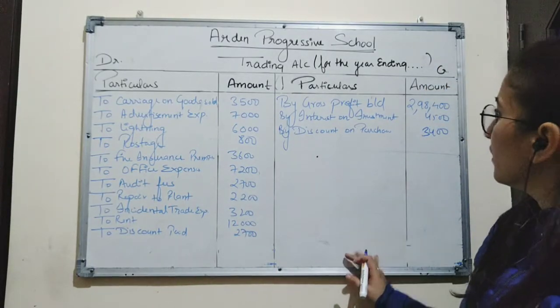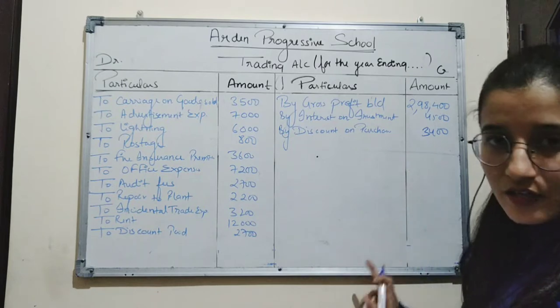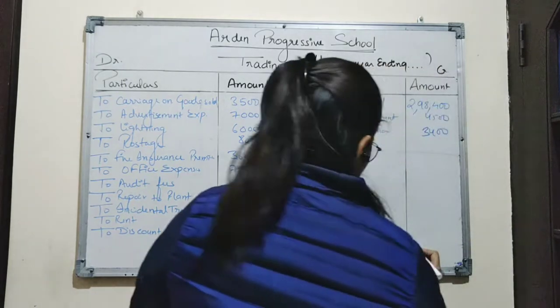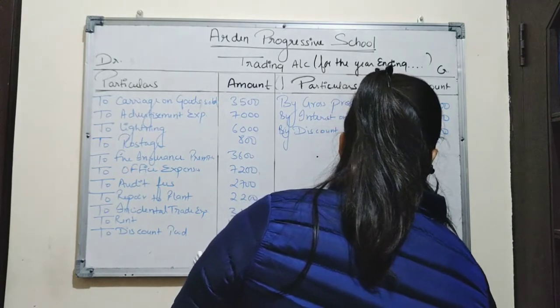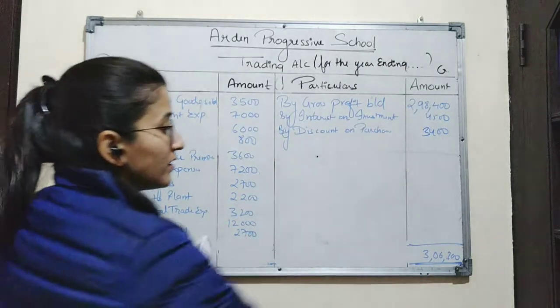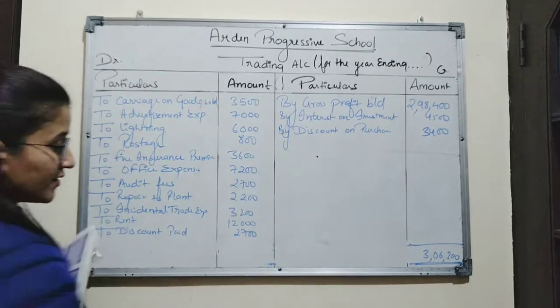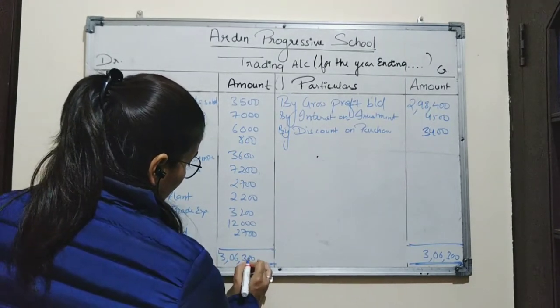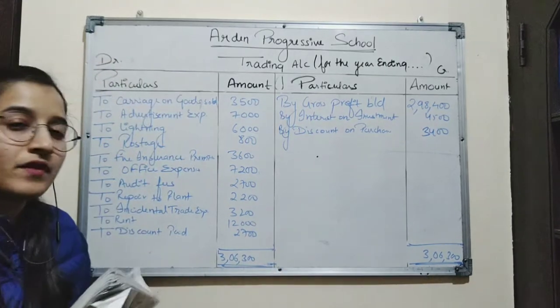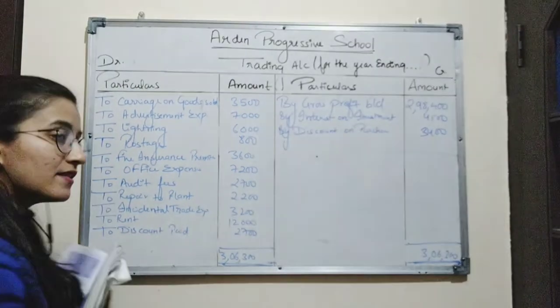As we can see here, credit side is having a greater value of rupees 3,06,300. So we'll record the same amount on debit side also, which is 3,06,300. So here remains the balancing figure.